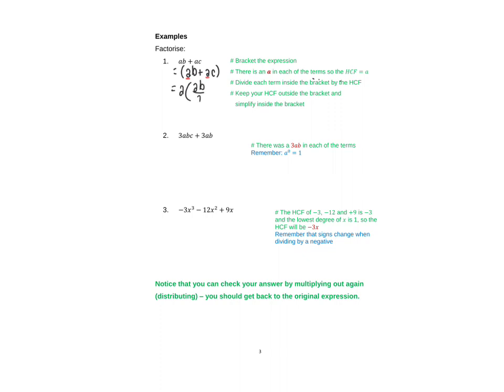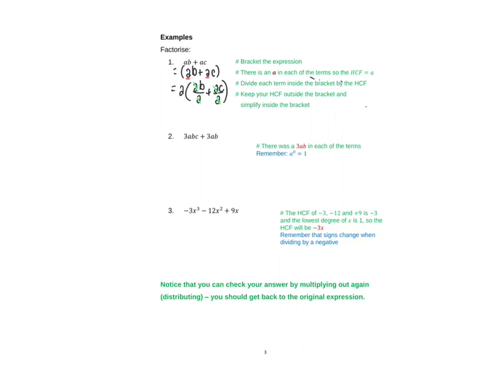So dividing by A in the first term, basically this happens. A divides by A leaves you with 1. A divides by A leaves you with 1 for the second term, and therefore A times B plus C would be the factorized form of AB plus AC.